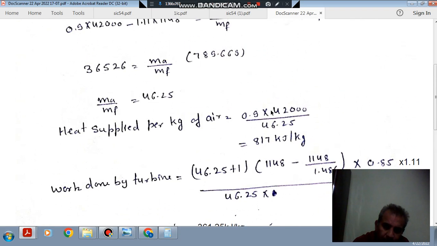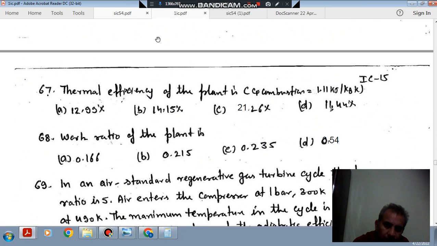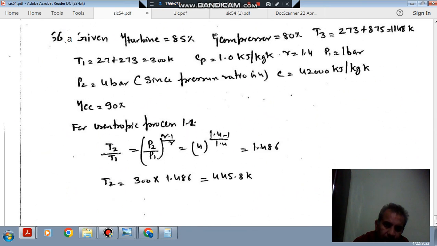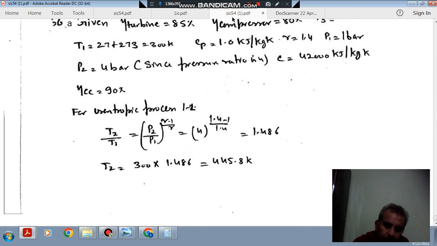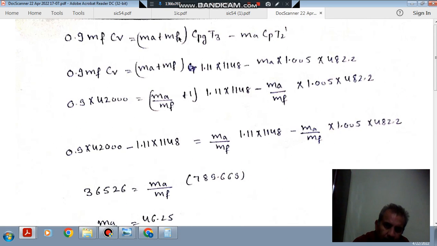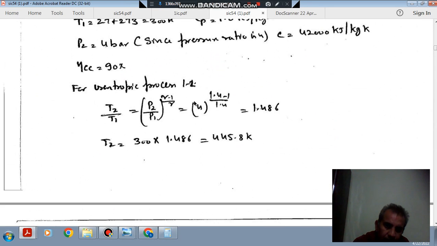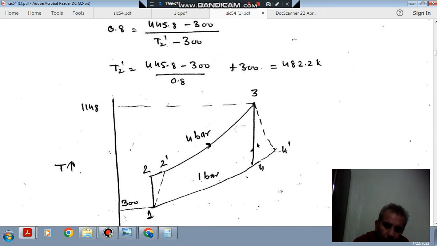It is expanded isentropically, and we get the temperature T4. The pressure ratio is the same, so the temperature ratios T2 by T1 and T3 by T4 would be the same.